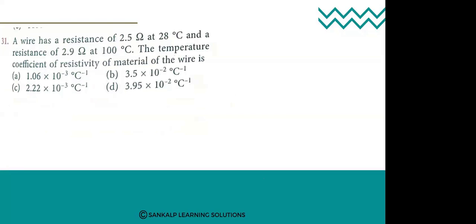The temperature coefficient of resistivity means alpha you have to calculate here. R value is there, R not value is there. Alpha you have to calculate. Copy down the question. You can do this one as homework.